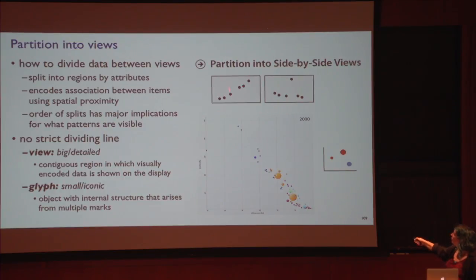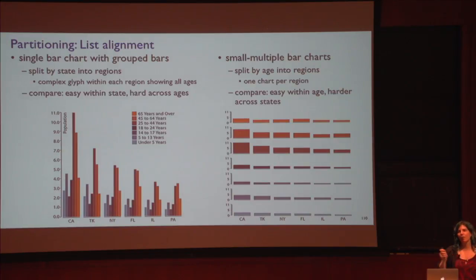So coming back to this question of partitioning, let's think about the power of 2 different ways to look at the same data set. This is a simple demographic data set across about 6 states. And so one thing we could do is first split by the state into regions, and then within each region we can draw something relatively complex, which is this grouped bar.